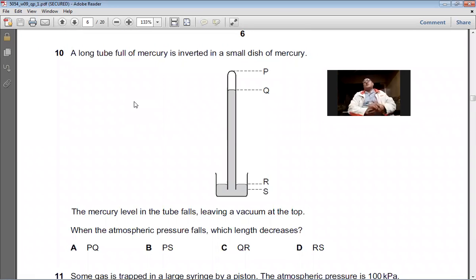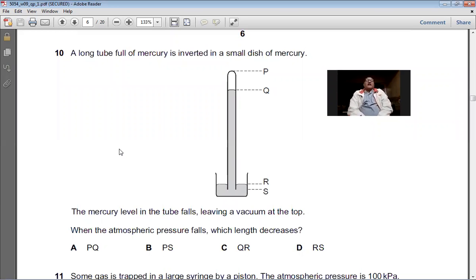A long tube full of mercury is inverted in a small dish of mercury. The mercury level in the tube falls, leaving a vacuum at the top. When the atmospheric pressure falls, which length decreases? You see, from R to Q, this length of the mercury represents the atmospheric pressure.